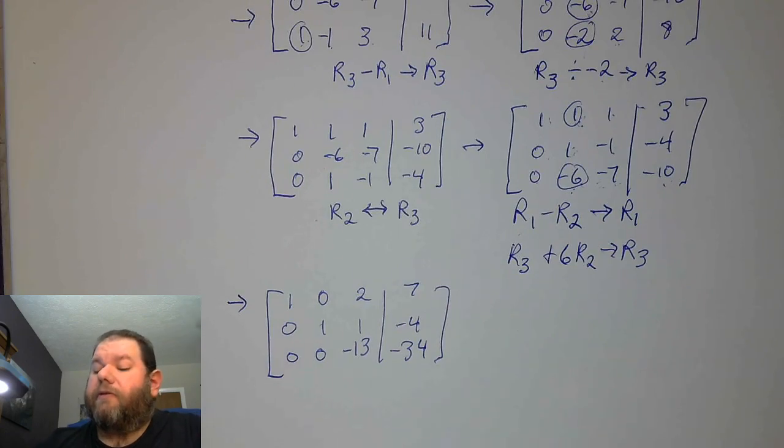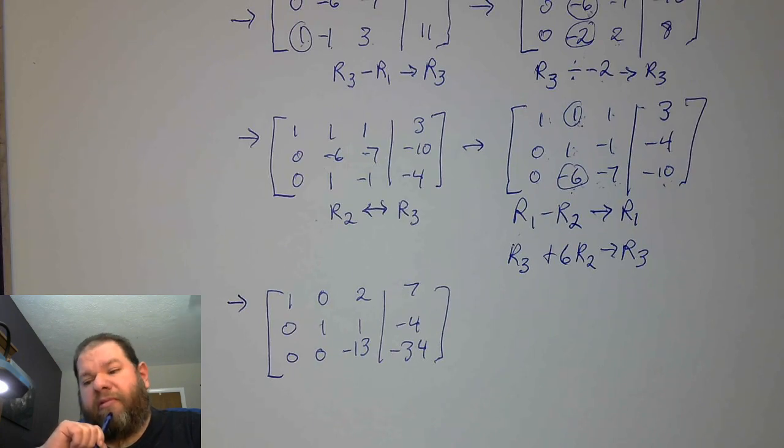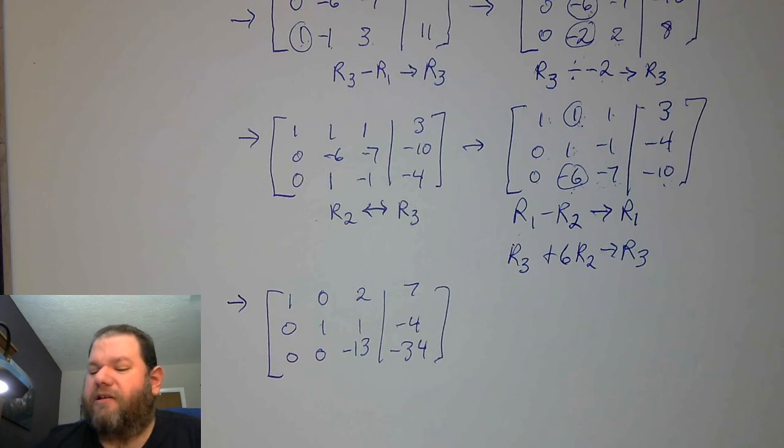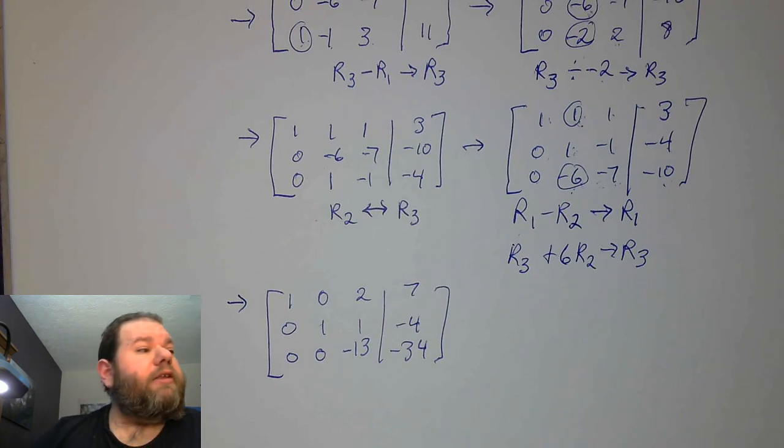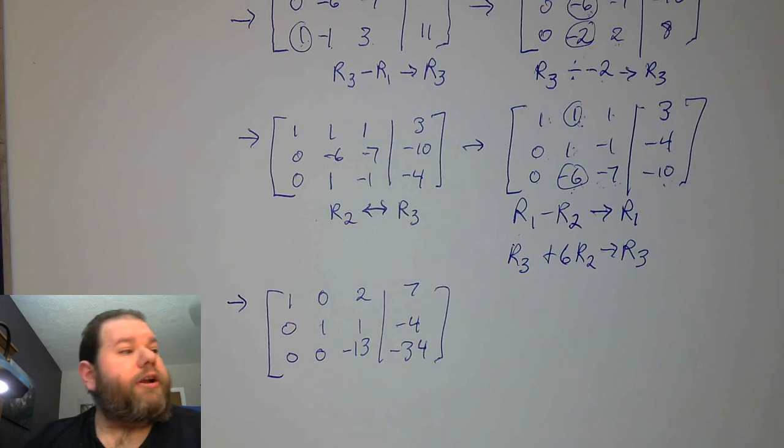Oof, that's kind of bad news. Let's see, negative 10 and negative 24 is negative 34. I didn't make a mistake there. This one just has weird answers, apparently.